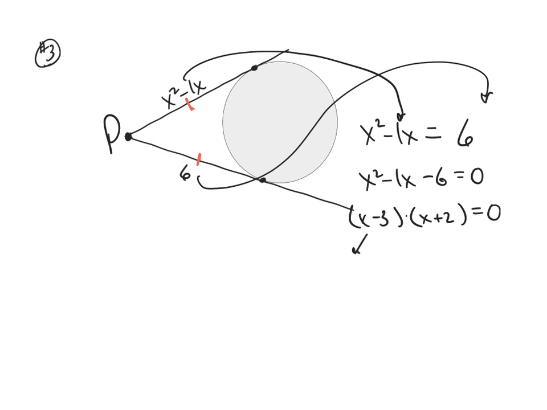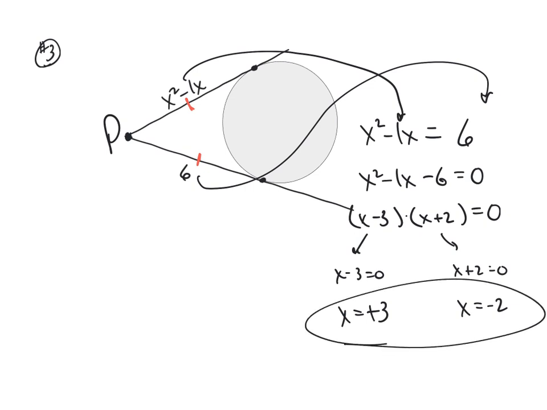So when you set each of these equal to 0, creating 2 little equations, and solve, we get x equals positive 3 and x equals negative 2. And you can see by putting 3 in for x or negative 2 in for x, both of these yield equal tangent segments.